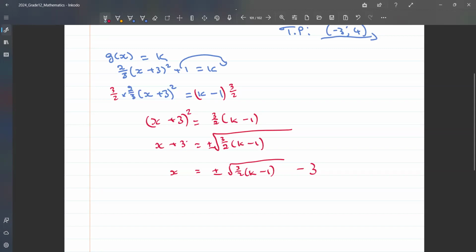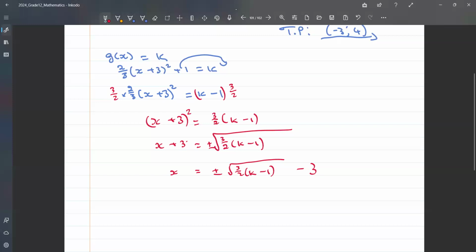k can never be less than 1, because when k equals 1, we are going to get 0 in here, which gives one solution of x. So when we get 0, we only get one solution of x, which is -3. But for any value after that, if k is greater than 1, we will get unequal roots.